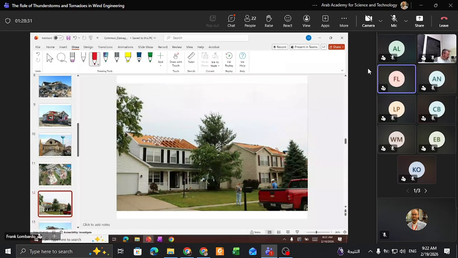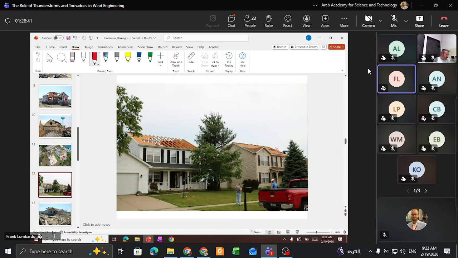Okay, I'm going a little backwards here. This shows maybe typical roof damage. You can see how sort of strange that looks. So this was actually a tornado in Champaign, a weak tornado. Okay, you can see some of the roof deck remaining, but here the decking and the cladding is gone.